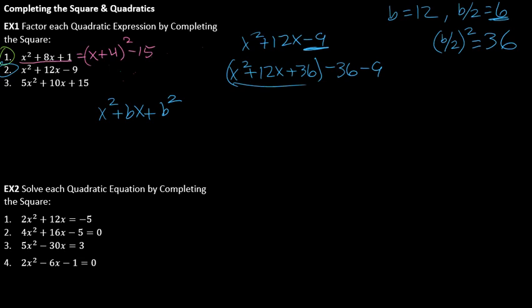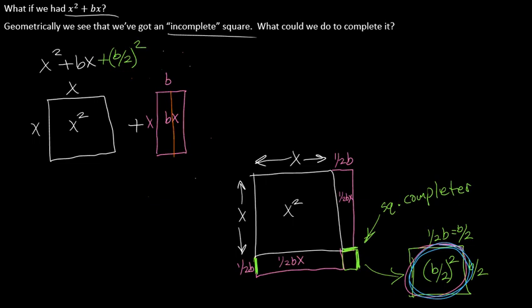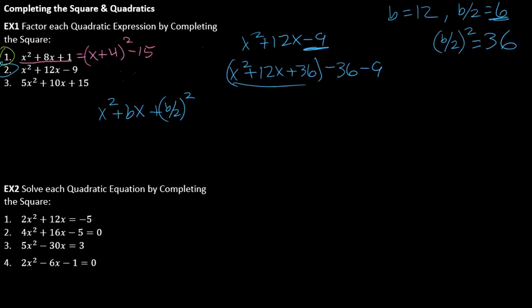Or actually I should say, let me back up. x squared plus bx plus b over 2 all squared. Okay, and we know that that's the case from our little geometric proof we did earlier.